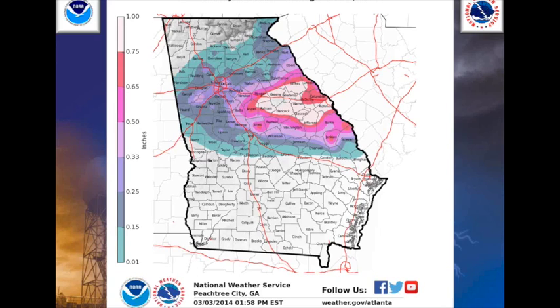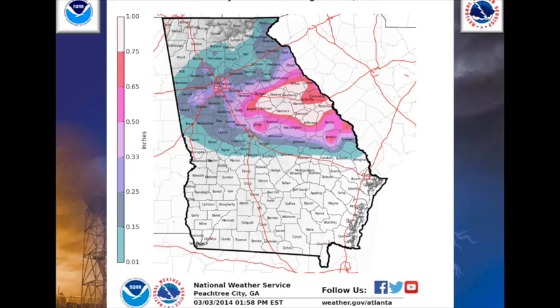This is from our February 13th ice event. We wanted to produce a state graphic of the observed ice totals. So we gathered all of the ice totals from not only our office, but our surrounding offices in Columbia, Greenville, and Charleston, South Carolina, and used, I believe, a tool that was developed in Eastern Region, I forget the name, ER to PNS, that creates a sample set of your observations and then runs a Serp to create a grid.